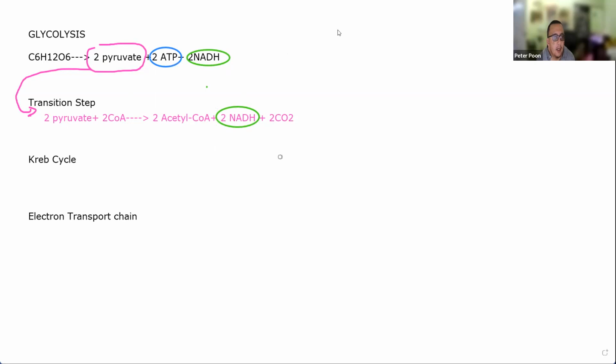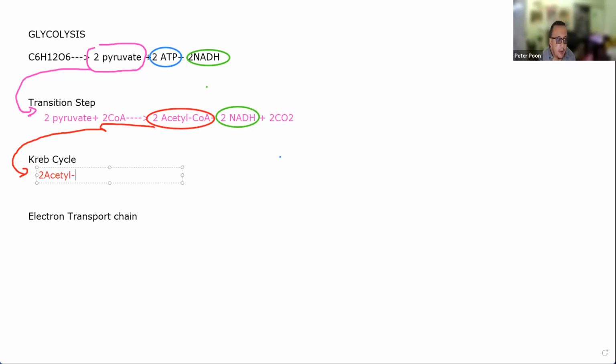Okay. Now the next step is red. So the Krebs cycle will be red. So the Krebs cycle, I'm going to use acetyl CoA. So acetyl CoA is there, and I'm going to put it into the Krebs cycle. Now 2 acetyl CoA.